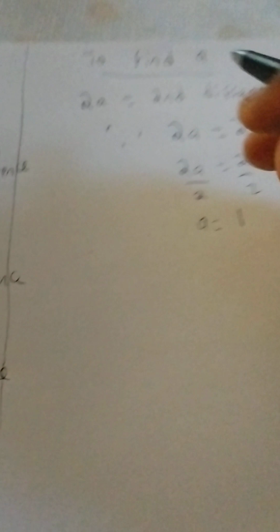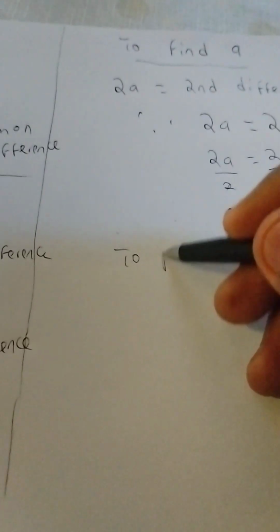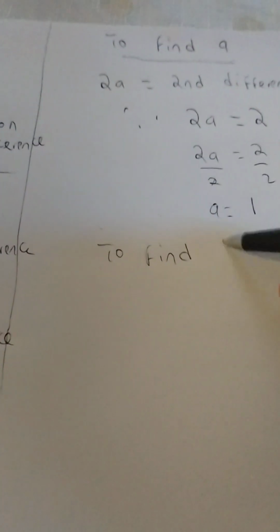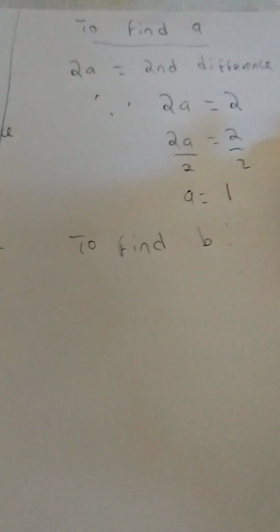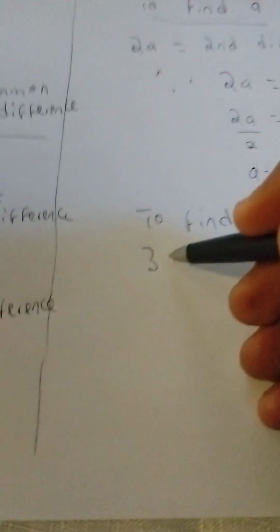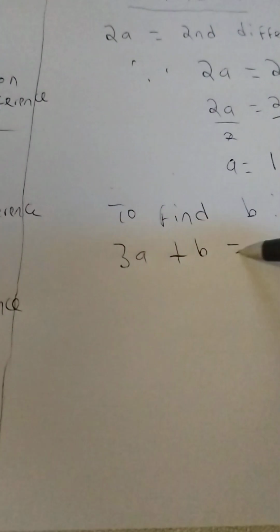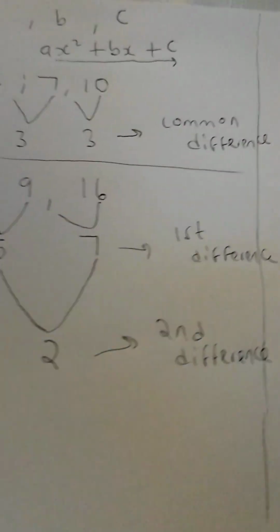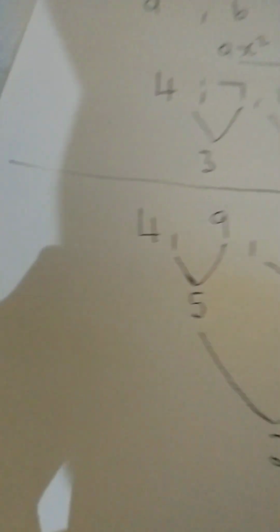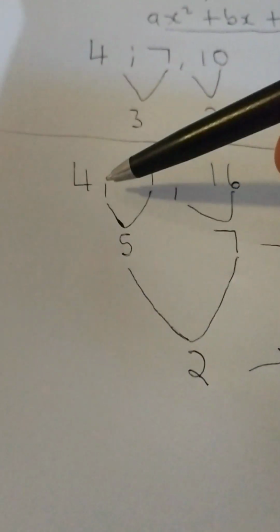So now we need to go and find B as well. To find B, this will be the approach. You do 3A plus B, which is equal to the first difference between T2 and T1.